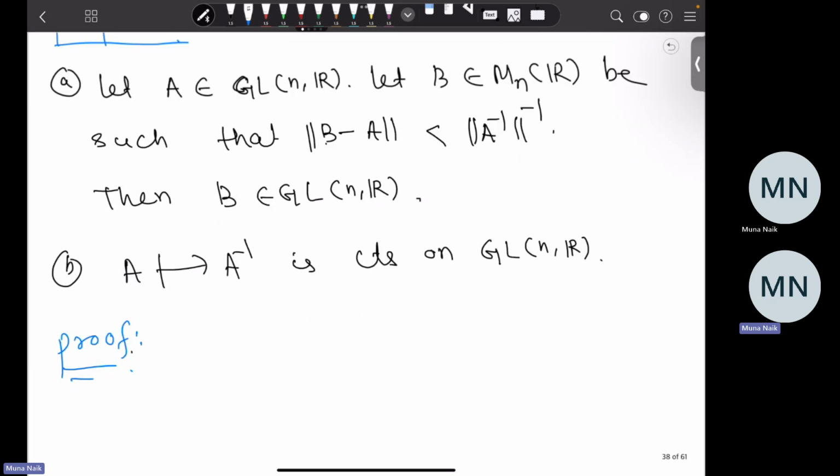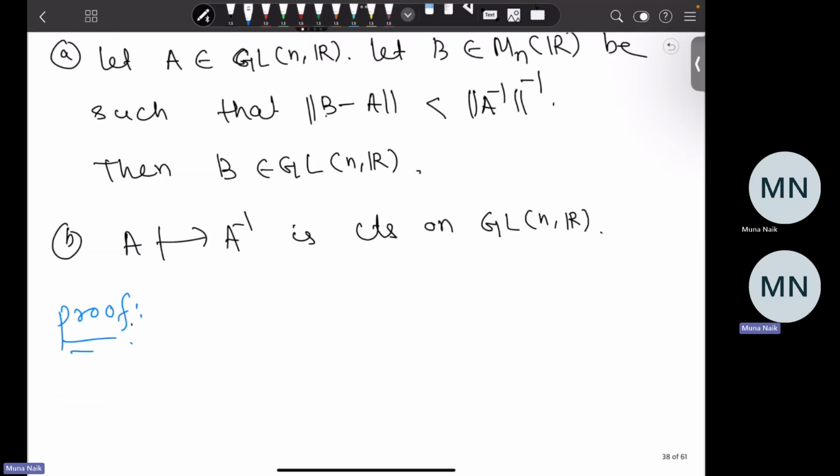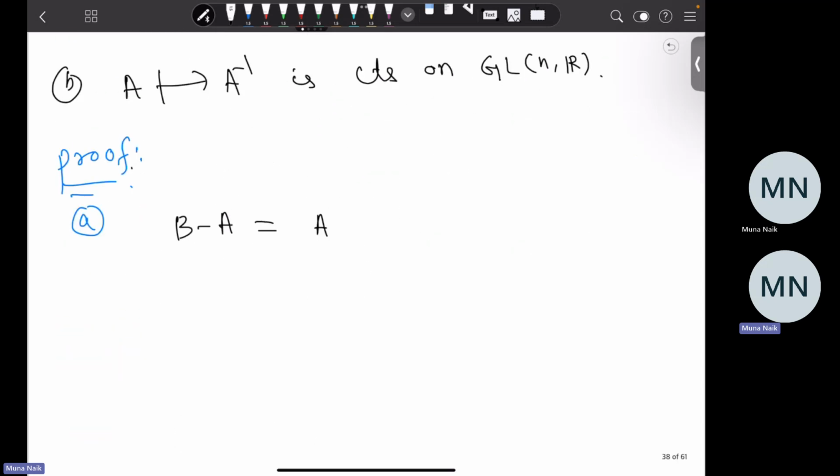Now I have to prove part (a) by using this previous proposition. I have some information about B minus A, and I want to bring the identity in somewhere. So I write B minus A something like this: if I take A common, because A is invertible, I can take it common, so A into (A inverse B minus identity).